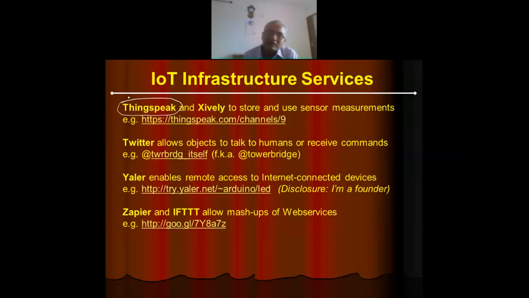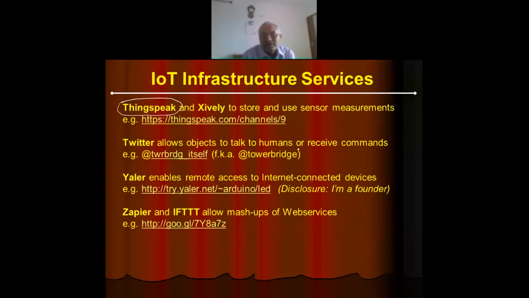You can always use your own sensors to send data to ThingSpeak, and you can create your own public and private channels. If you create a public channel, it will be available to all, so other people can also use your sensor data. Twitter allows objects to talk to humans and receive commands.